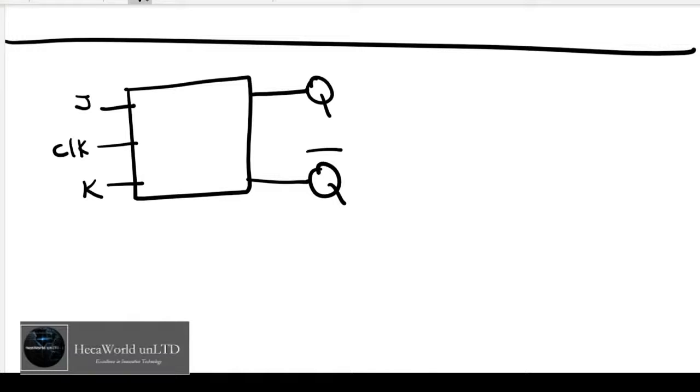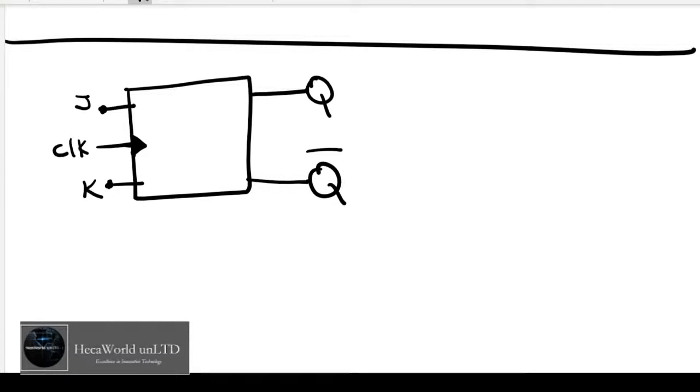With the clocking signal, we always have an arrow here. I don't want to miss that. When you send the clock signal, it will act upon the J and K.